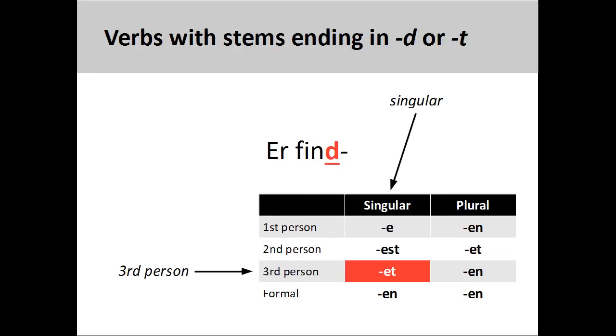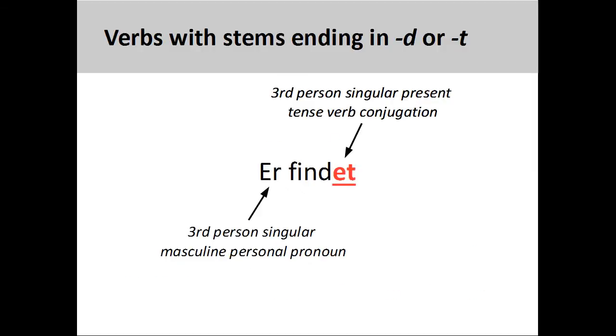We then need to find the correct third-person singular verb ending on the chart. Here the appropriate ending et is marked in red. We then add that ending to the verb stem to produce findet, he finds. Both the subject and verb are in third-person singular, creating subject-verb agreement.